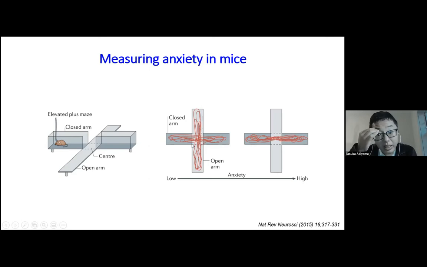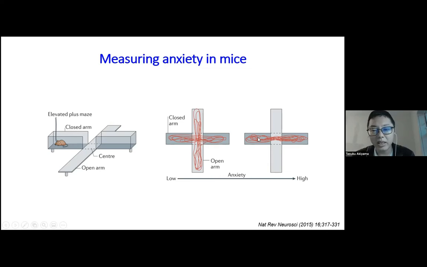Mice with low anxiety, like naive mice, can move everywhere, in the closed arms and also the open arms. But mice with high anxiety only stay in the closed arm, not the open arm.